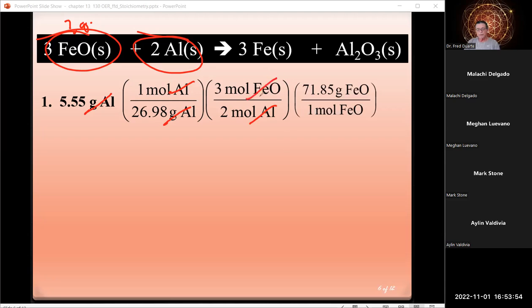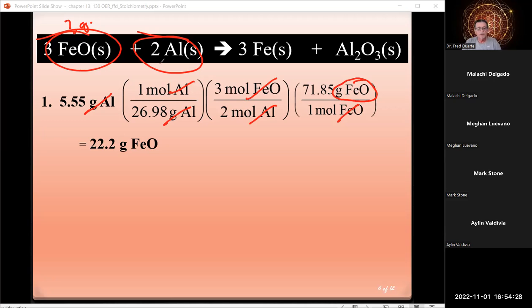Note the units as we go along: we set this up, and the units cancel out. We end up, unit-wise, with what we're looking for, X grams of iron 3 oxide. So we have set the problem up correctly. The rest is up to you, plugging the numbers into the calculator and coming up with this number, 22.2 grams of iron 3 oxide. So what this is telling you is this.